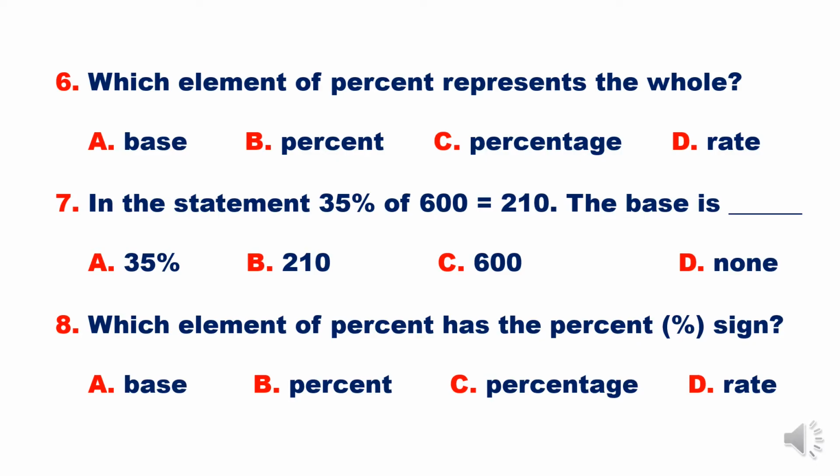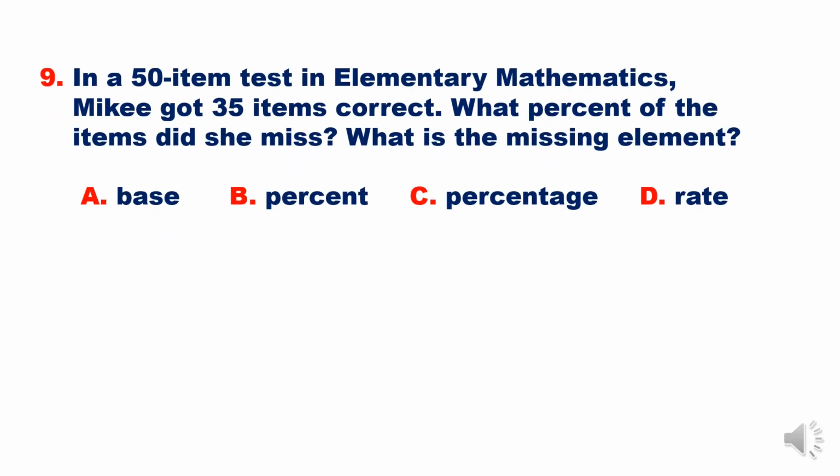A. Base, B. Percent, C. Percentage, D. Rate. Number 9. In a 50-item test in elementary mathematics, Mikey got 35 items correct. What percent of the items did she miss? What is the missing element? A. Base, B. Percent, C. Percentage, D. Rate.